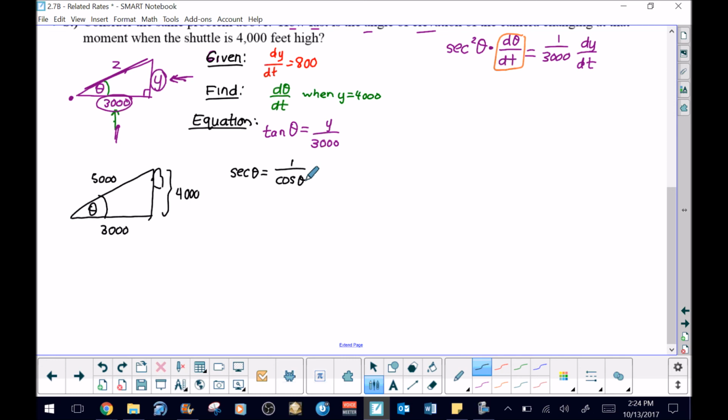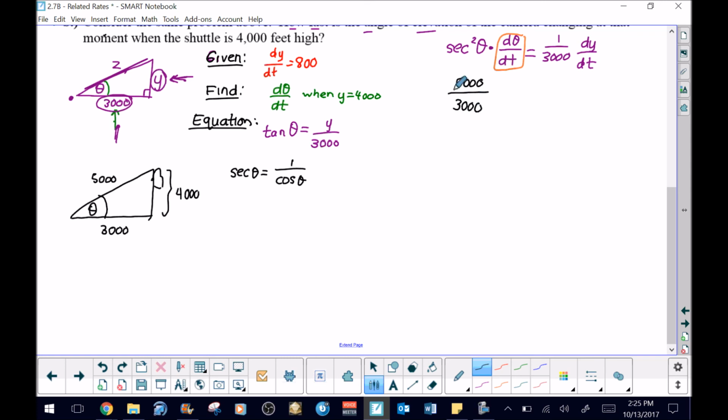So the cosine of angle theta would be the adjacent over hypotenuse, right? 3,000 over 5,000, that's the cosine. But since we're going to reciprocate it, we're going to call it 5,000 over 3,000. And yep, that will be squared.